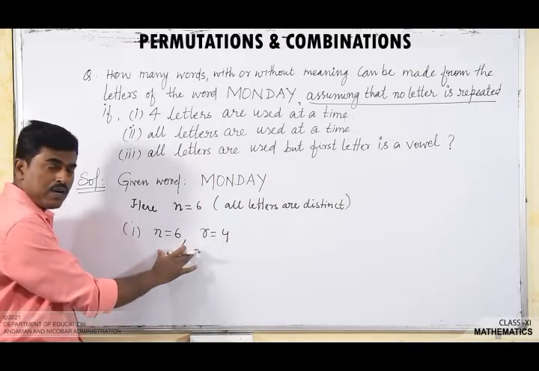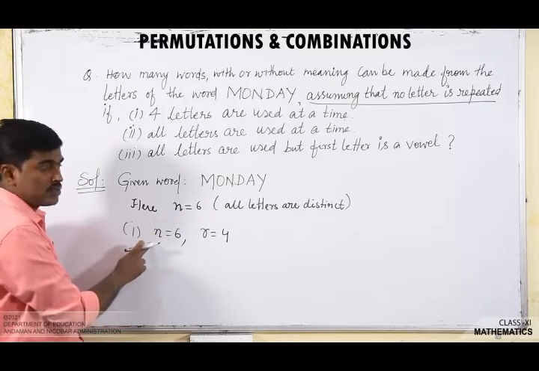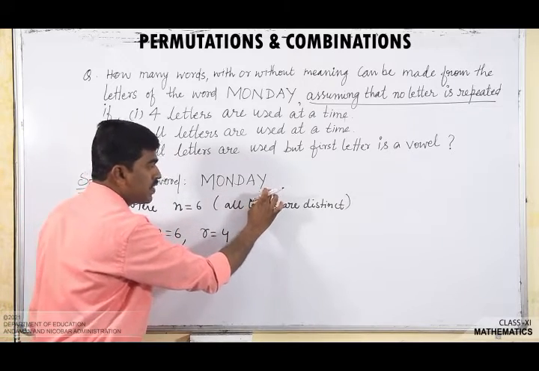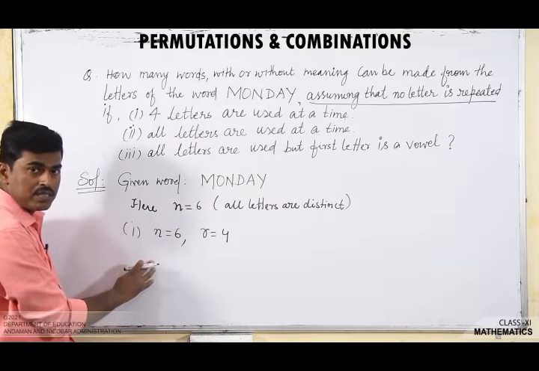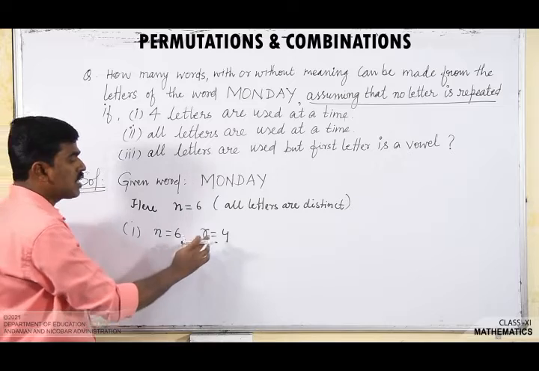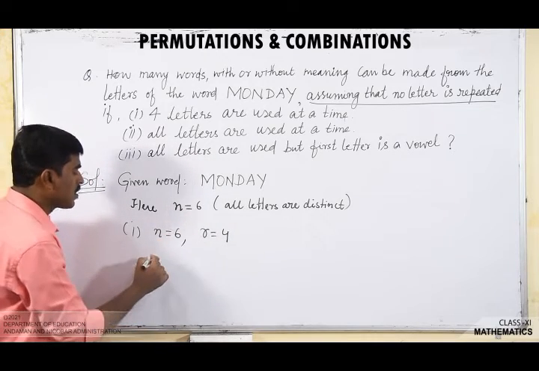So it is a case of the permutation of n different objects. Here all the objects are different, all the letters are different. So it is a case of permutations of n different objects taken r at a time, and repetition is not allowed. Okay.